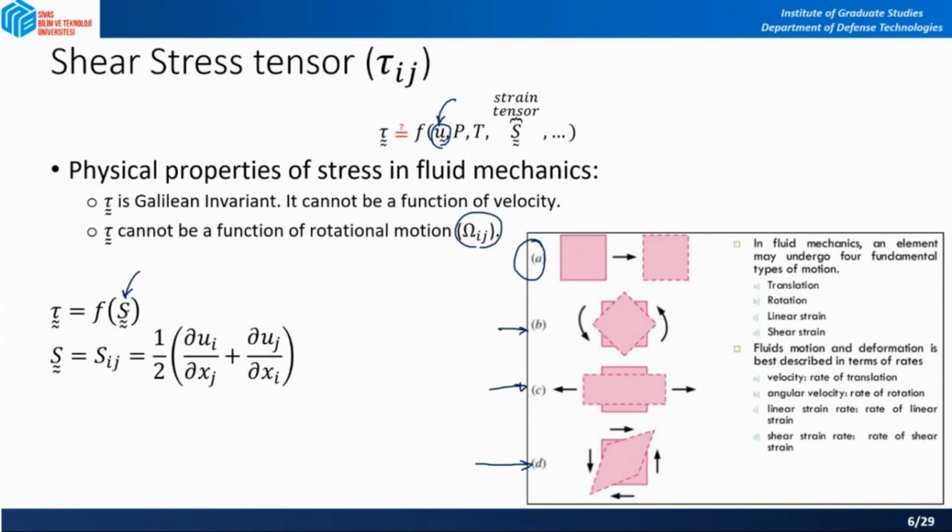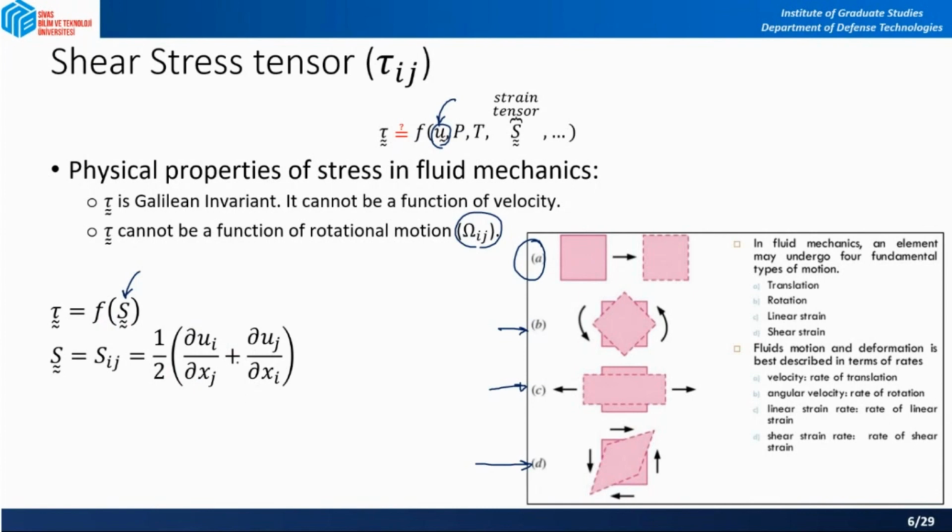A strain, by the way, is not a velocity. You know this. A strain is Galilean invariant because it involves gradients, not velocities themselves. It is defined by 1 over 2 times dui dxj plus duj dxi.